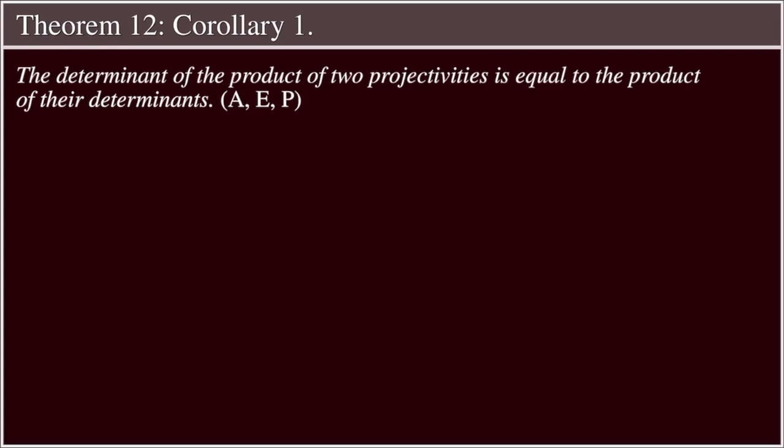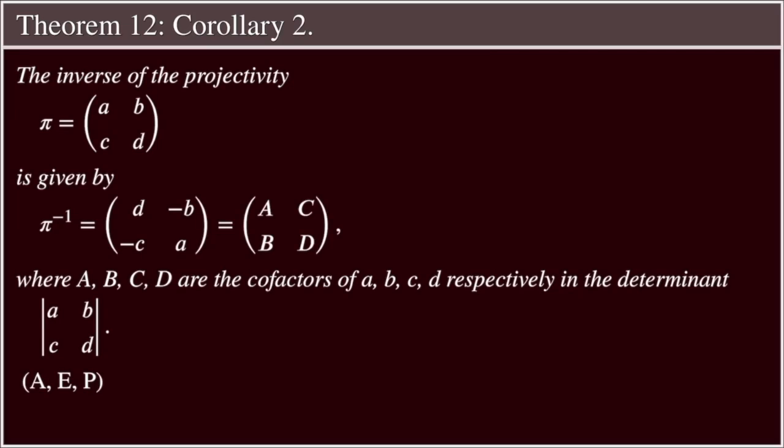Corollary 1. The determinant of the product of two projectivities is equal to the product of their determinants. Assumptions A, E, and P. Corollary 2.